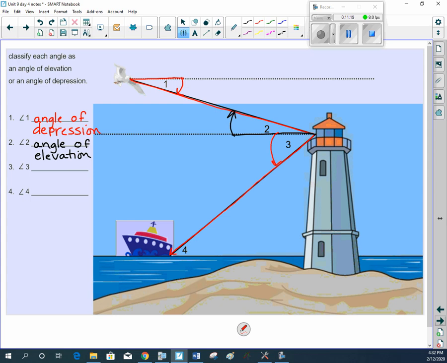So that's an angle of depression. And then there's somebody in the boat who happens to look up and see somebody in the lighthouse. So that's an angle of elevation.